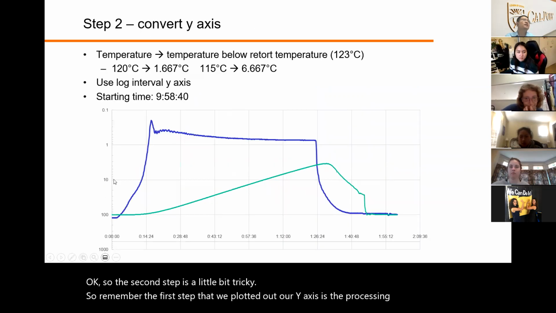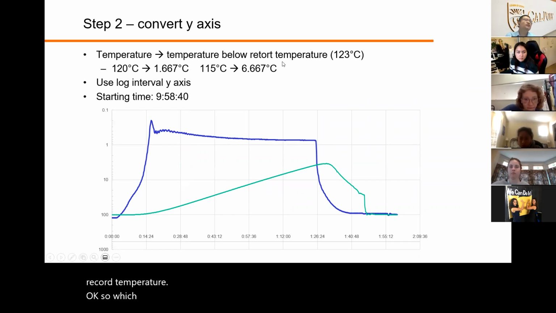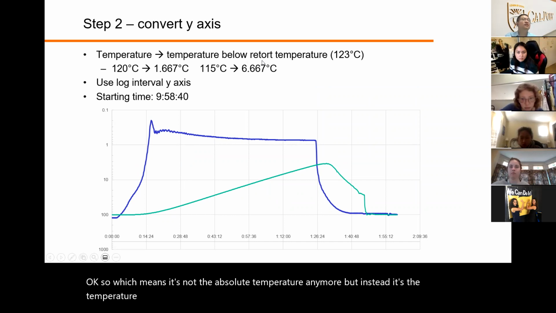But in the second step, we need to convert the y-axis to become the temperature below the retort temperature. Which means it's not the absolute temperature anymore, but instead the temperature difference between the sample temperature and the retort temperature.